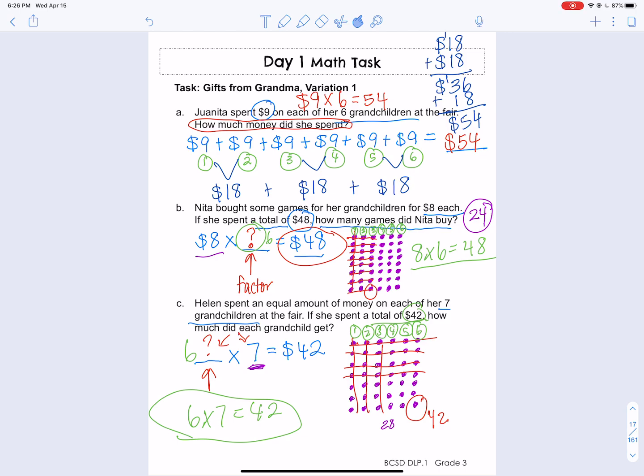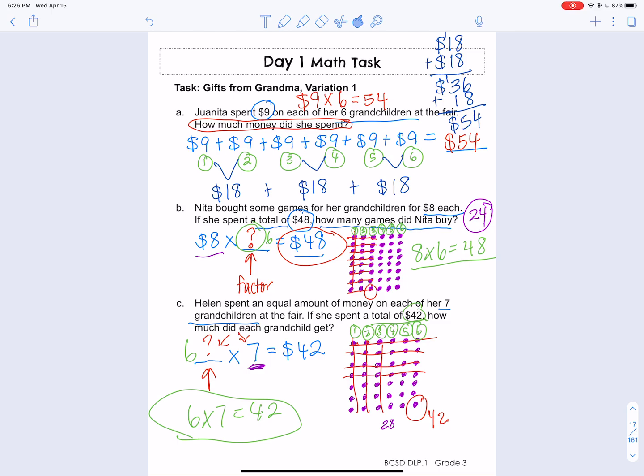And right here, there's a multiplication math question, letter A. Juanita spent $9 on each of her 6 grandchildren. I could easily write another math story using the same language that is in this math problem, and I can just put my own numbers and my own words inside of it, and it would turn out just great.